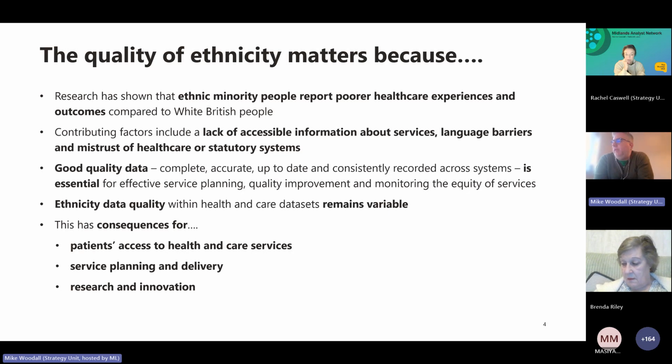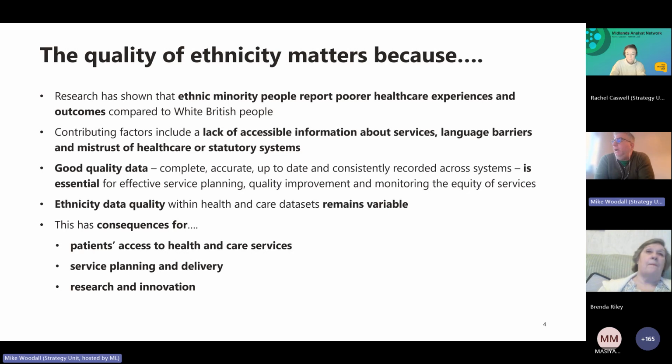And I don't think there's any real understanding about whether the missing data is representative or not. So where we're not collecting, where we're putting people as not known, is that broadly representative of the background population that use those services, or is there some bias in that data?